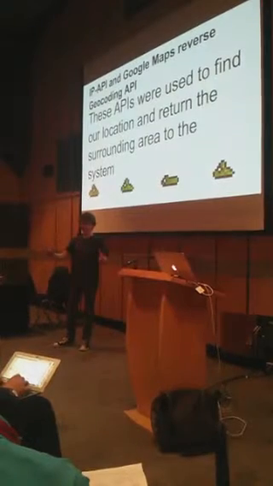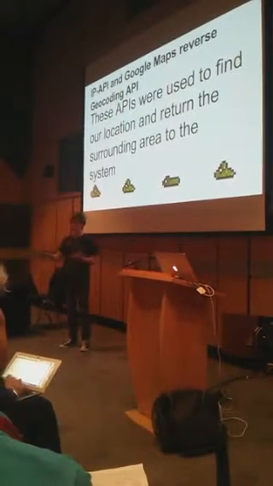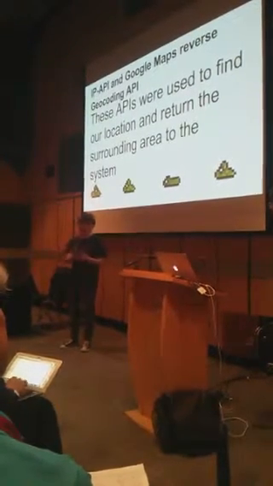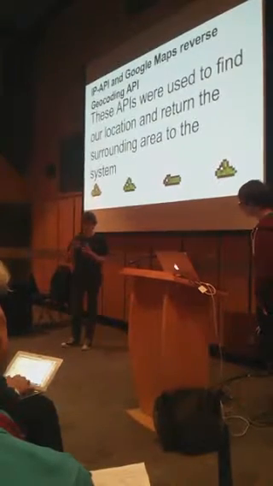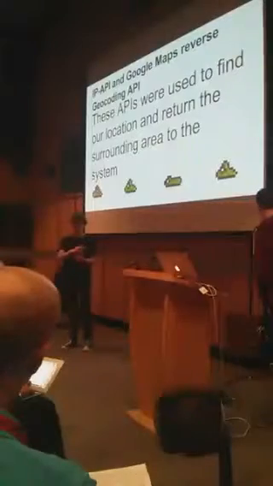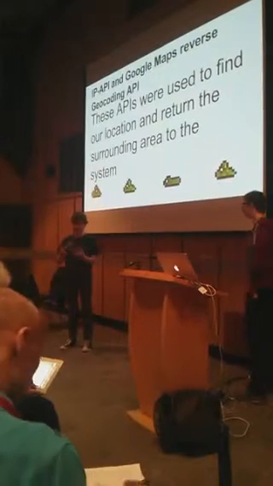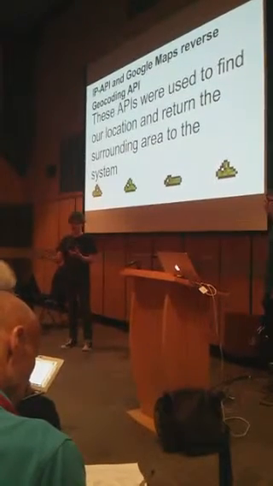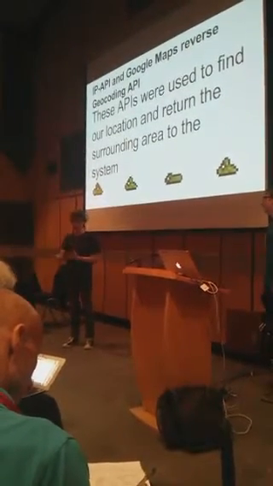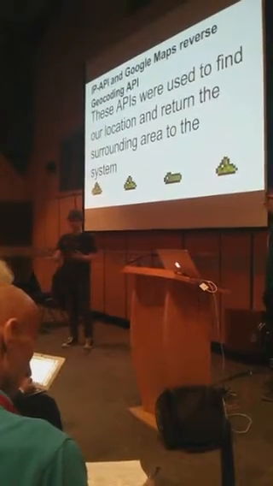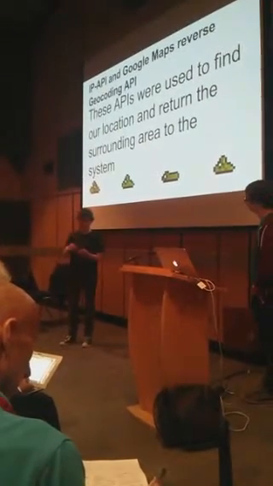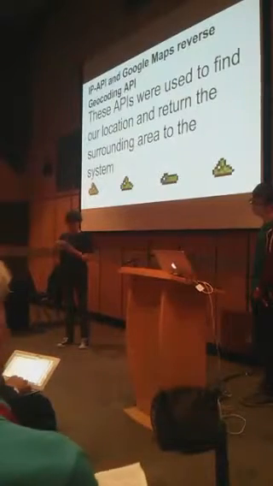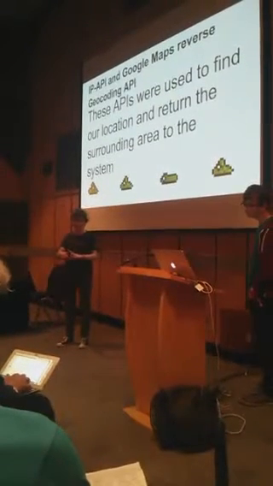Actually generating a map of your local surroundings is a multi-stage process. Because first off, you're only given the IP of the user, and we pass that through an API called IP-API, and it would return the latitude and longitude. And then with that, we pass it to the Google Maps reverse geocoding API, and it will return information about a select area of that latitude and longitude.